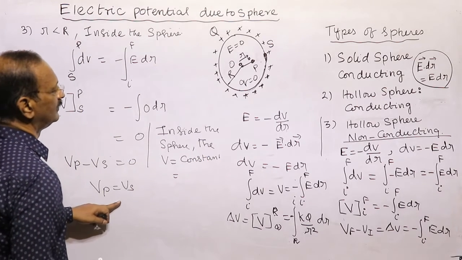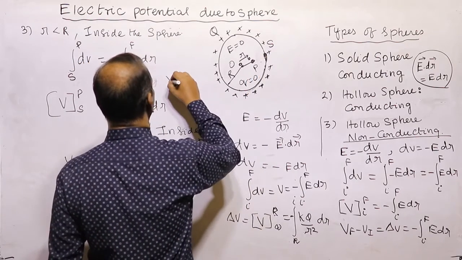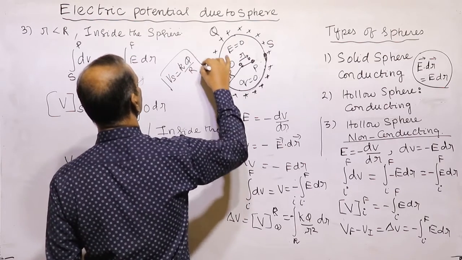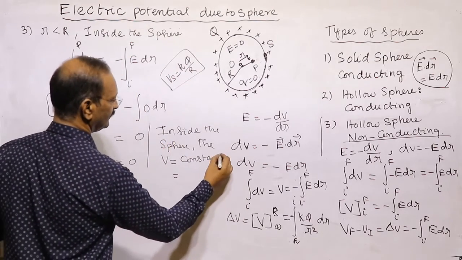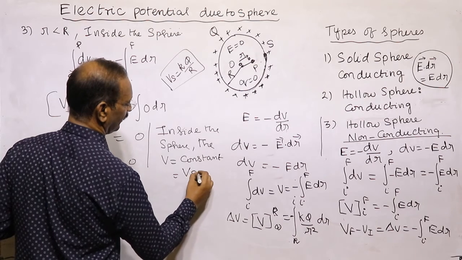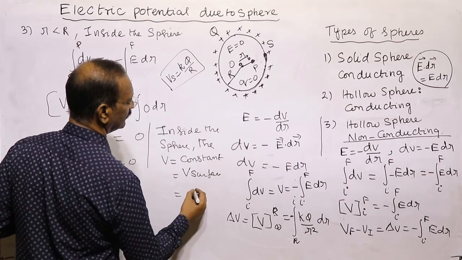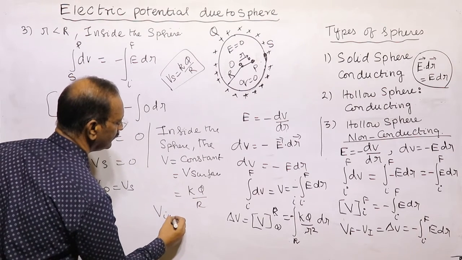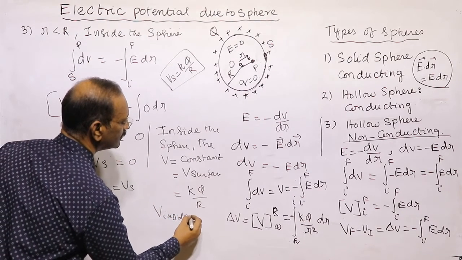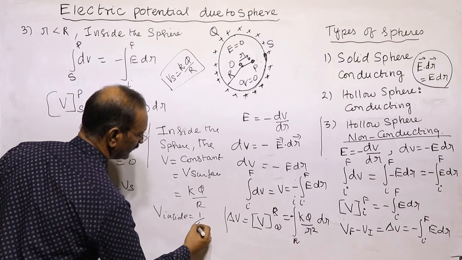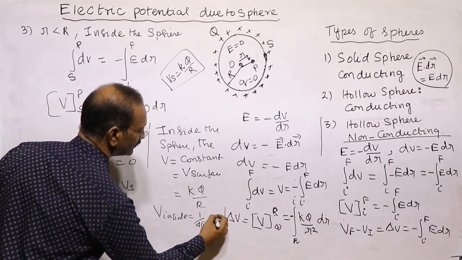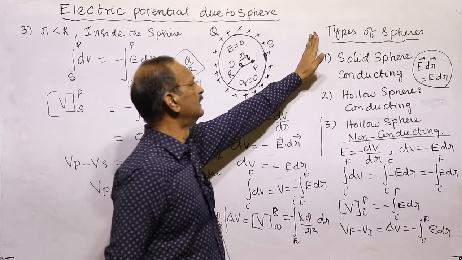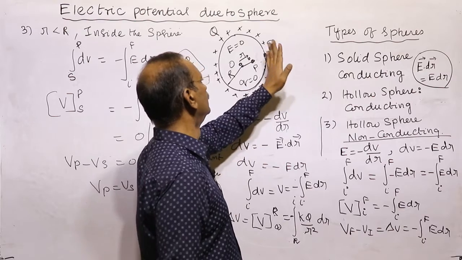What is Vs? We know the potential at this surface. So Vs is equal to K into charge divided by R, which is constant, equal to V at the surface, is equal to K into Q divided by R. So V inside is equal to 1 by 4 pi epsilon naught Q by R. So a very important relation, that is, here small r is equal to R, that is a potential.